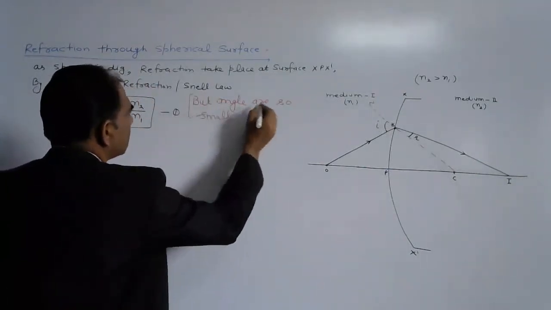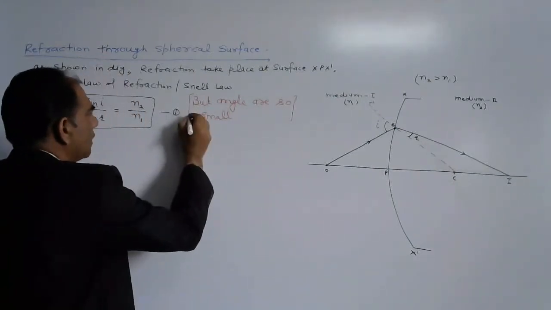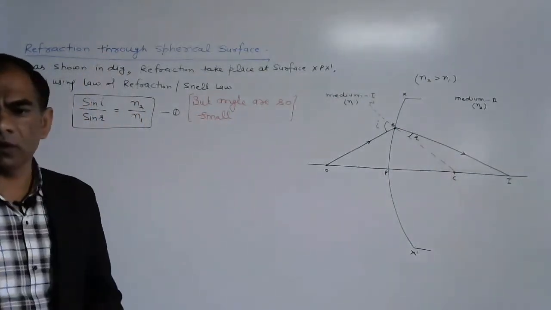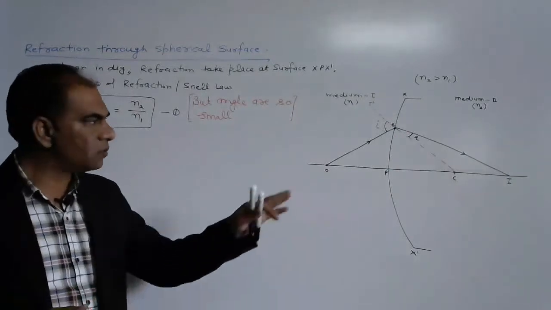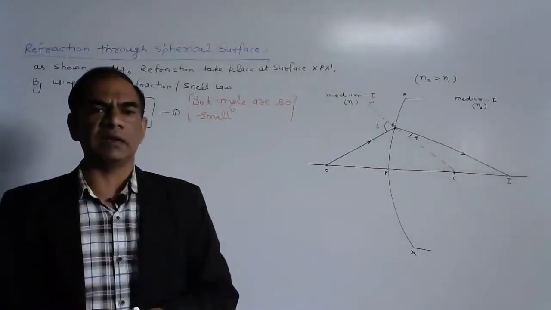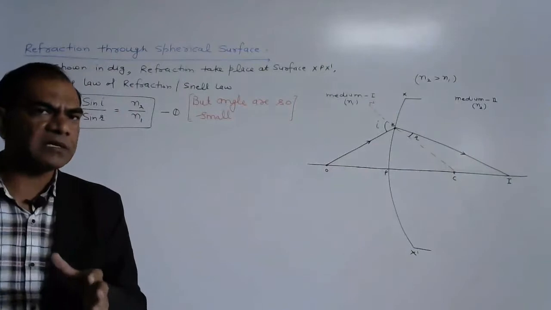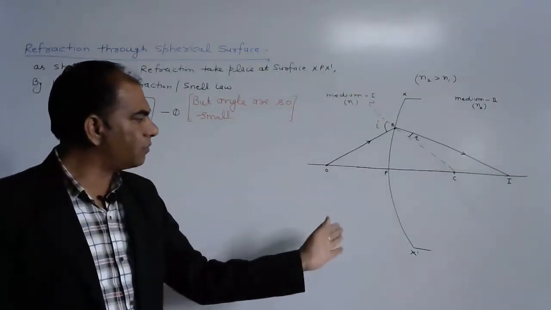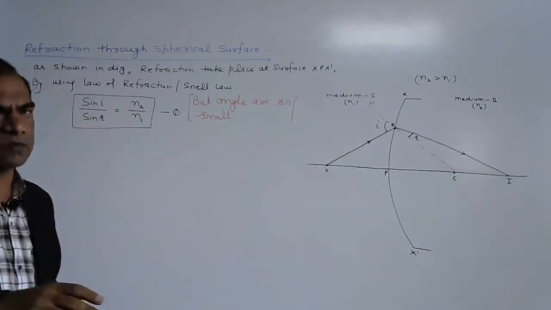Why are the angles so small? The angles are so small because there is a small aperture in this spherical surface. Here the aperture is very small, meaning the bending of this sphere is very small.